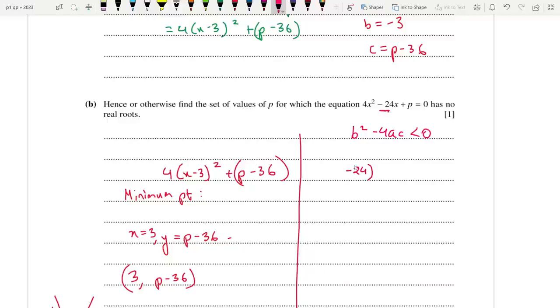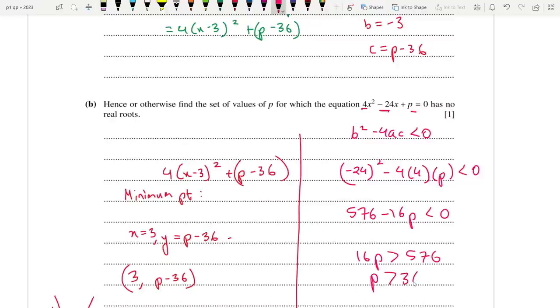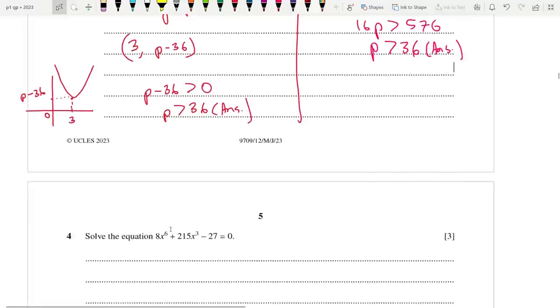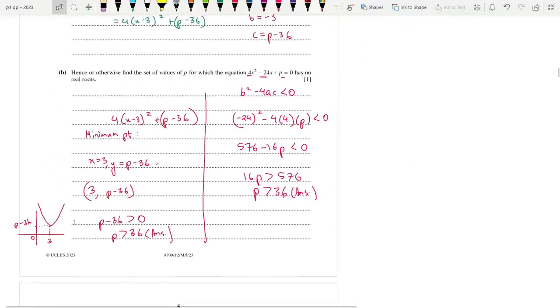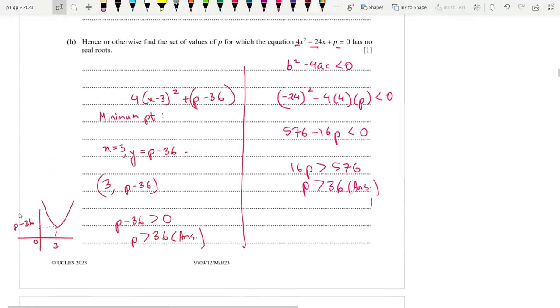So minus 24 whole squared minus 4 into 4, that's a, and c is p. 576 minus 16p is less than 0, or 16p is greater than 576. So p is greater than 36. Anyway, it works. It's up to you guys, okay? Moving on. These are the two ways.